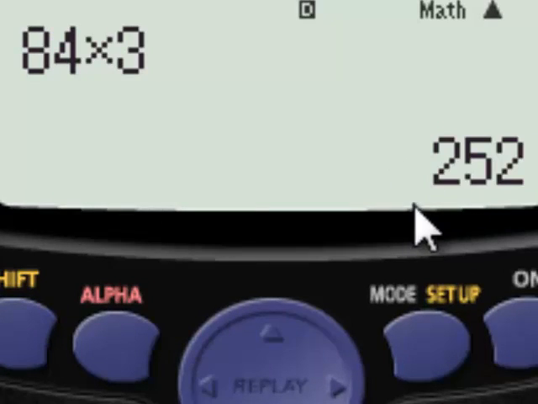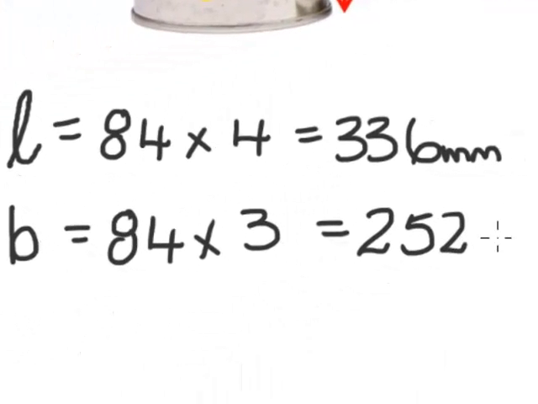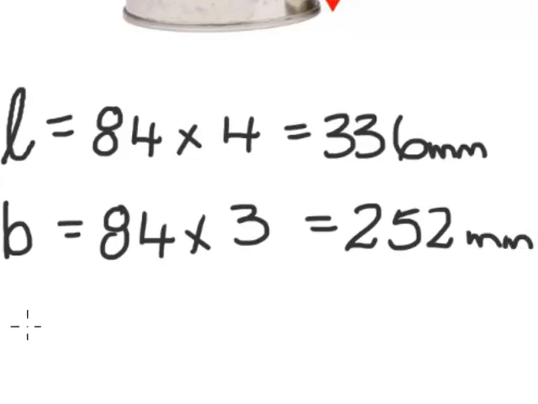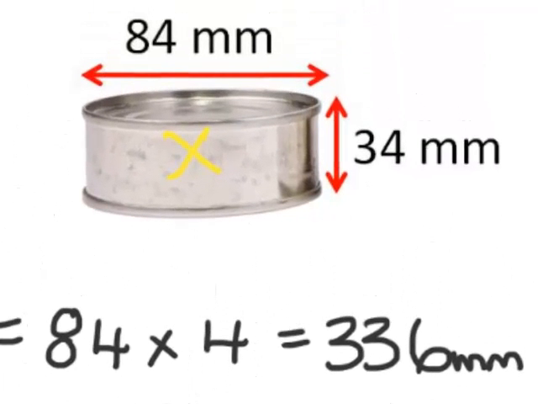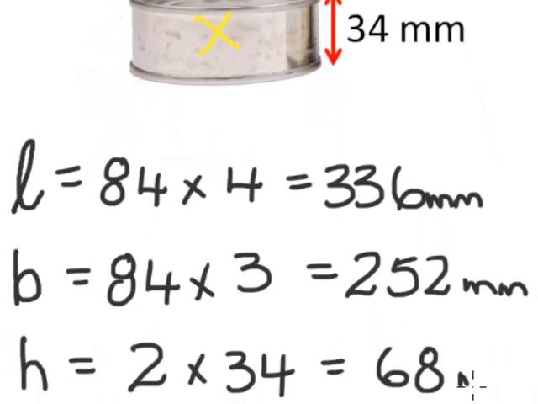That's not such a difficult one, 252. Okay, so this again is millimeters. Now our height of our carton, we know that we have got 2 cans, and the cans are 34 millimeters each. In other words, it's going to be 68 millimeters. So the minimum size that our carton can be is going to be 336 millimeters by 252 by 68 millimeters.